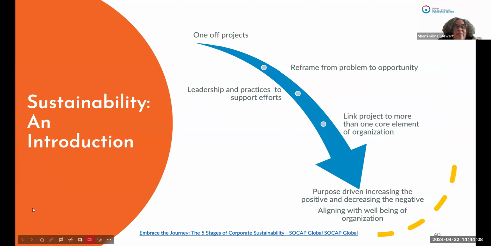So when you put it together, in the last series we have tried to talk to you about moving from one-off projects to really thinking about what you want for the entire workforce and who's the leadership that's necessary to support those efforts in higher ed, in professional development, in centers, in programs, so that you link more than one element together, as the three charts I just showed you, so that you've got a purpose-driven system aligned with the well-being of individuals and the early care and education programs.